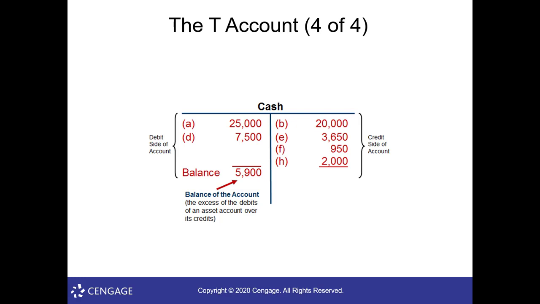So for assets, the debit side of the account records all increases.